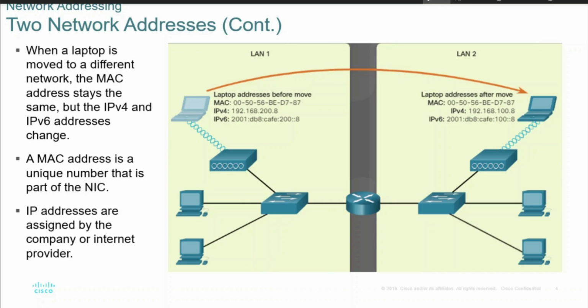The MAC address will be the same when you connect your computer to your home Wi-Fi and to your college Wi-Fi. But the logical address, which can be IPv4 or IPv6, will change when you move from home Wi-Fi to college Wi-Fi.